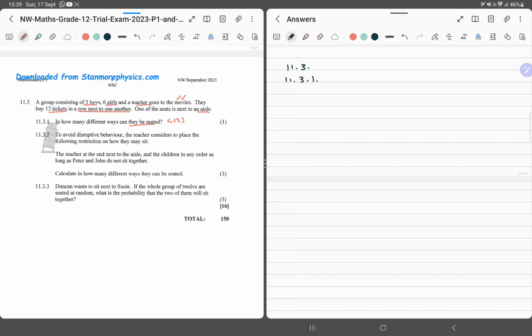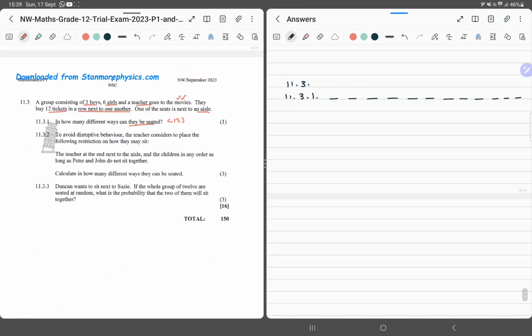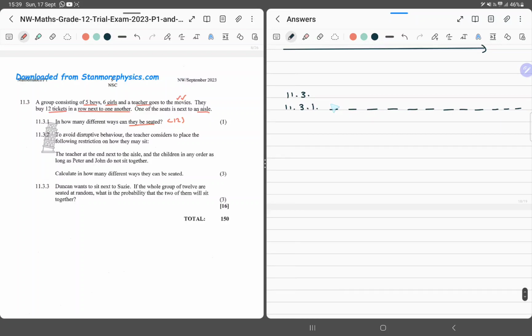So if we put them randomly, we're going to have 1, 2, 3, 4, 5, 6, 7, 8, 9, 10, 11, 12. Now this means for this first seat, because we're putting them randomly, it can be any one of the 12. Once we place 1, it can be any one of the 11.